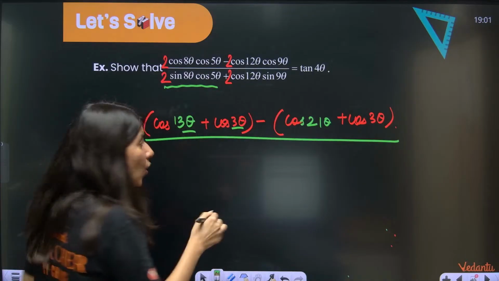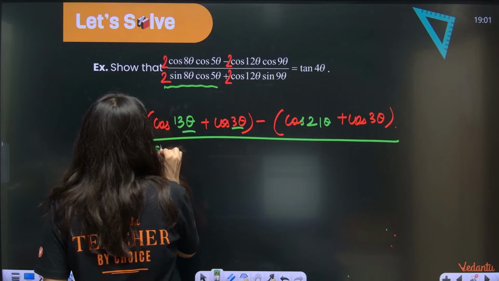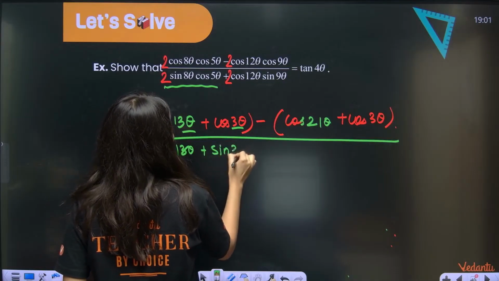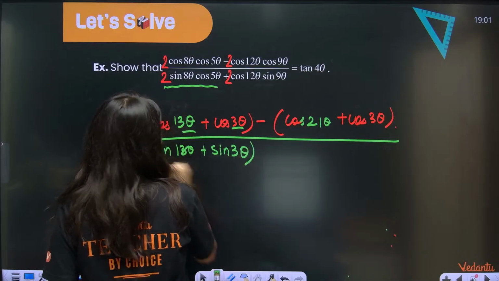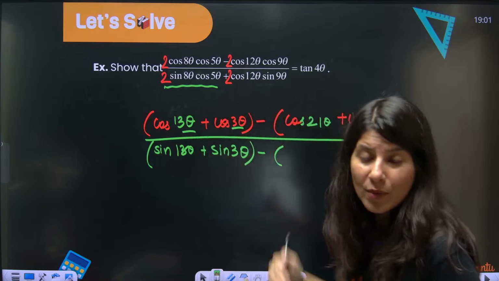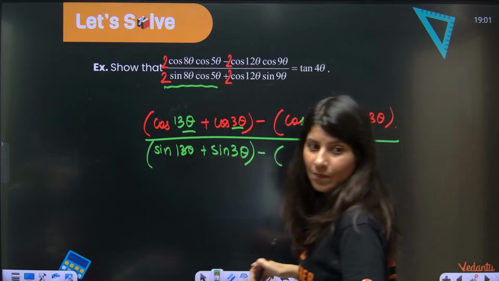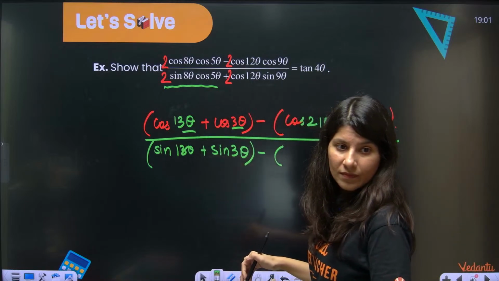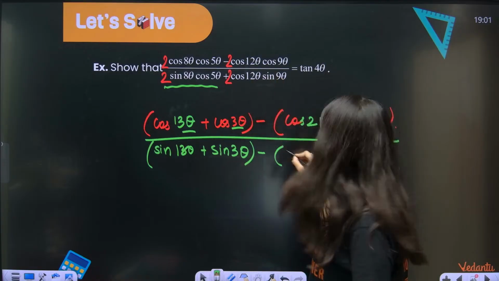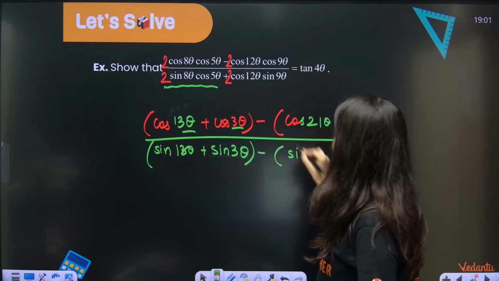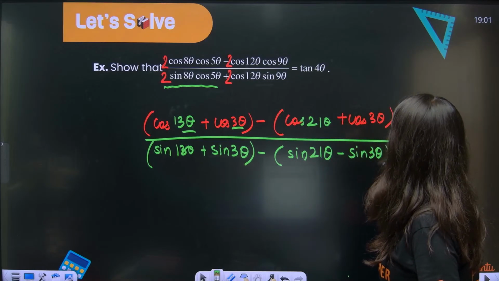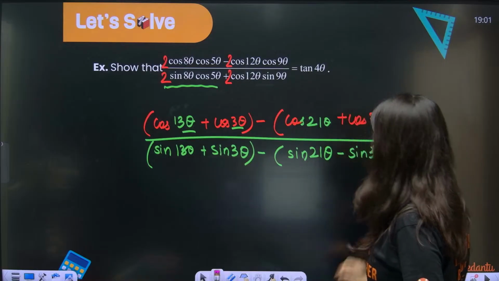2 sin A cos B is sin A plus B plus sin A minus B, minus, this is 2 cos A sin B. The second formula of this particular thing. 2 cos A sin B is sin A plus B minus sin A minus B. Okay.